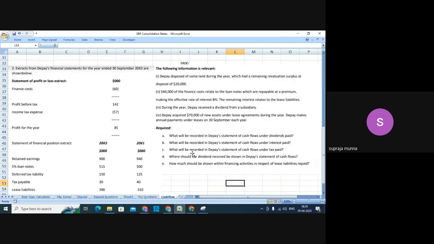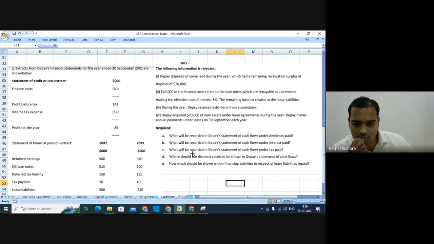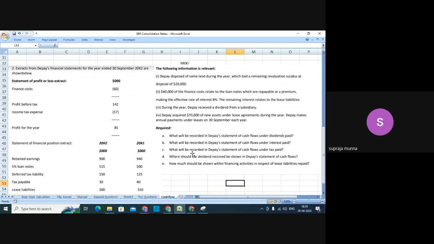Dividends will be paid out of the retained earnings, right? So from 2011 to 2012, we could see a 40 million decrease. So that 40 million may be relating to the dividends.